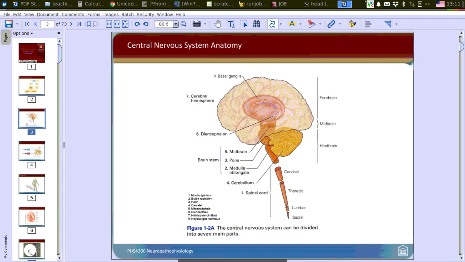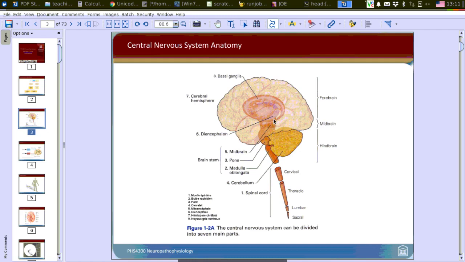Inside the cranial vault, we find the brainstem, which includes the medulla, the pons, and the midbrain. We also have, behind the brainstem, the cerebellum.